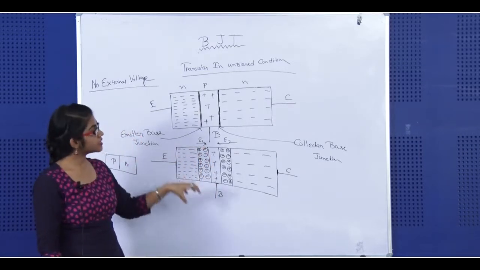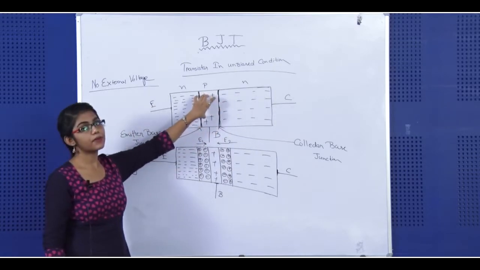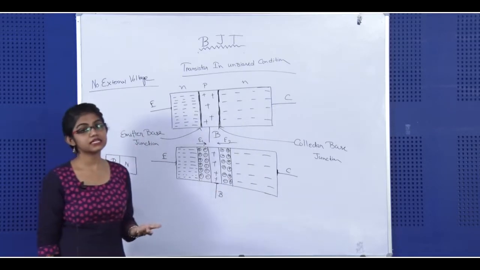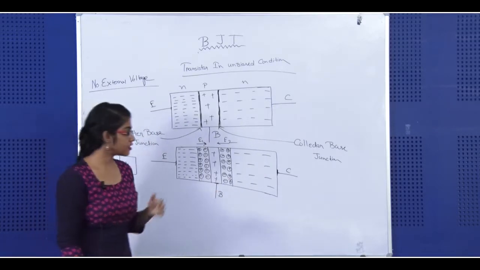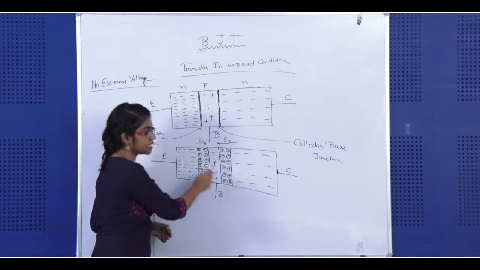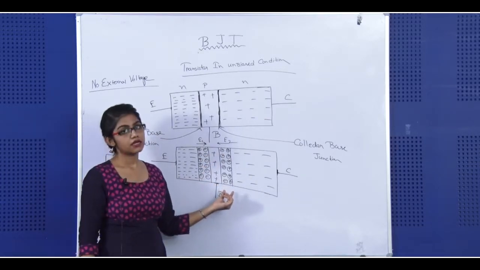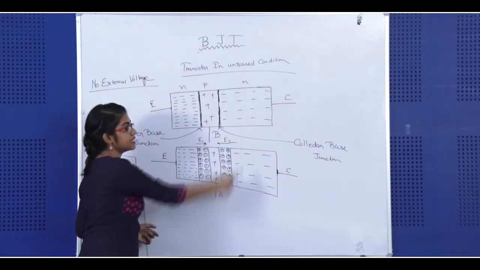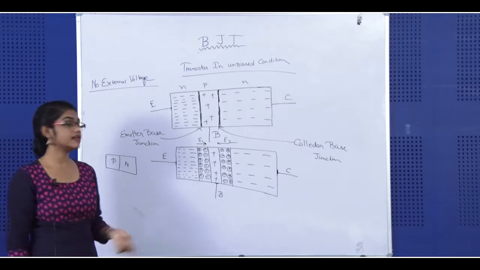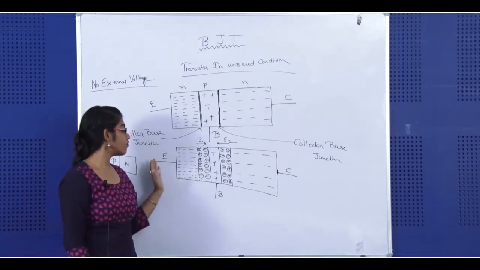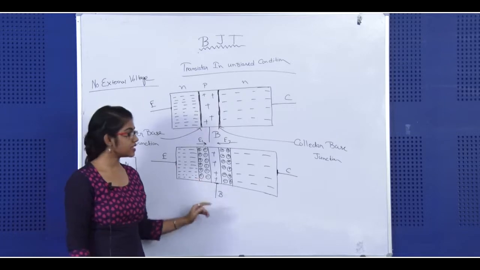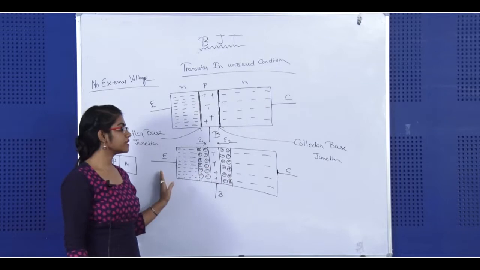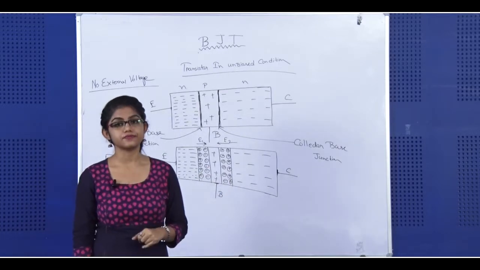In the same way, when electrons move from collector to base and holes move from base to collector, at the junction there are no free charge carriers because of recombination, and for that reason there will be static charge. This static charge creates a barrier between base and emitter, and between base and collector. Because of this barrier, electrons cannot go from emitter to base or from collector to base, and holes also cannot move from base to emitter or base to collector by diffusion.